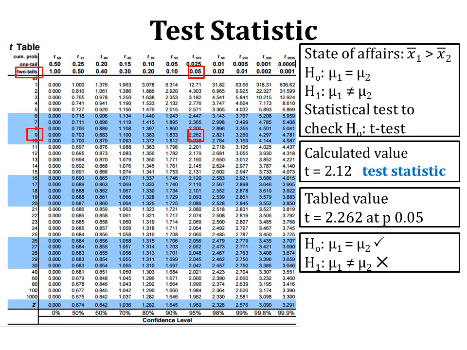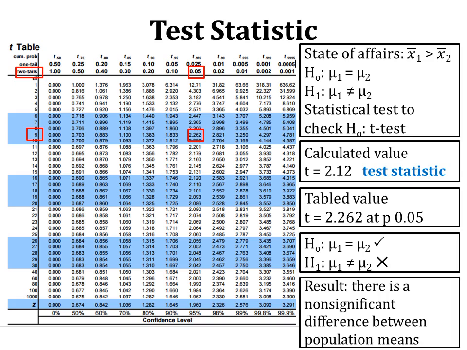And probability for null hypothesis to be false is less than 0.05, so it should be rejected. And what is our result? There is a non-significant difference between population means. So this is how we compare the test statistic with the t-distribution table, and this is how we get our results.